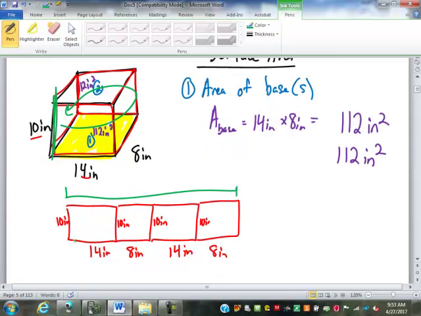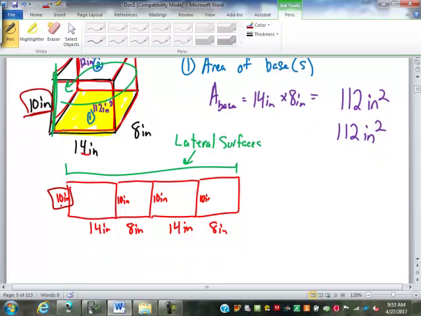And that's why we defined lateral area. This is the lateral surfaces right here. And on most of our shapes, no matter how weird they look, the lateral area can be folded out into a big rectangle. And the height of this rectangle is just the height of the figure. That 10 inches is that 10 inches. The length of this rectangle will be found by adding those dimensions together.